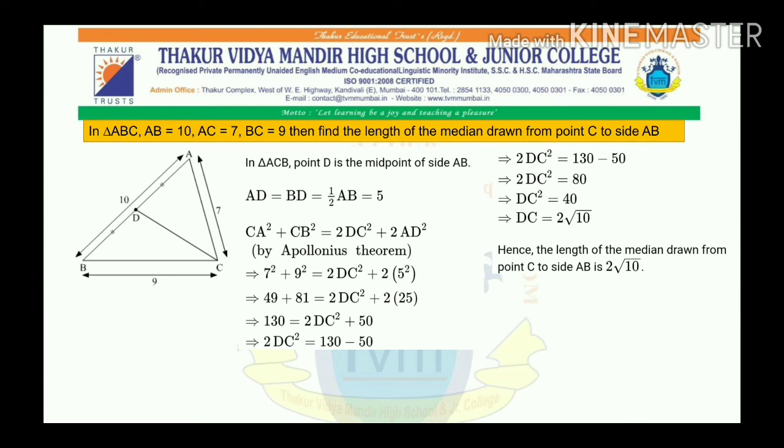So 49 plus 81 gives you 130. 50 is to be subtracted by taking it on the left hand side and dividing it by 2. So that gives you DC is equal to 2 root 10. Hence the length of the median drawn from point C to the third side of the triangle is 2 root 10.